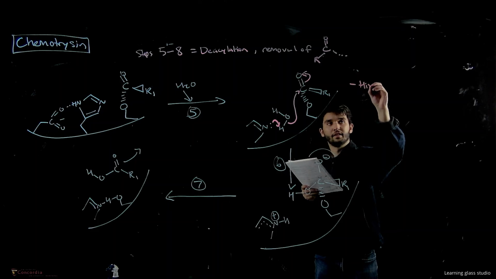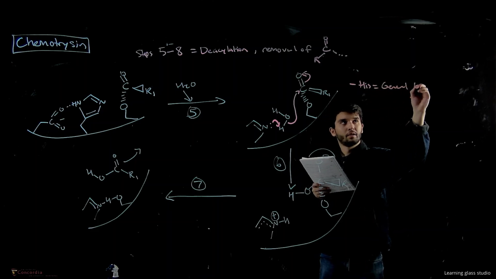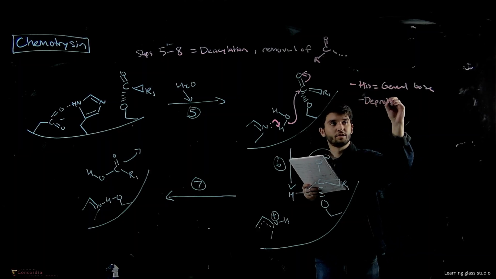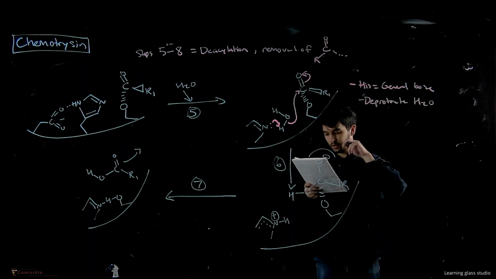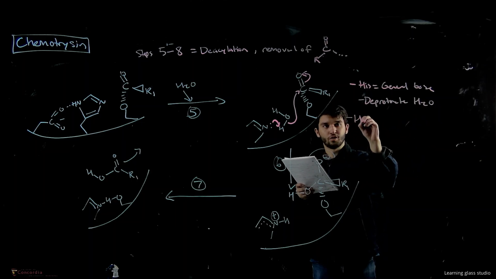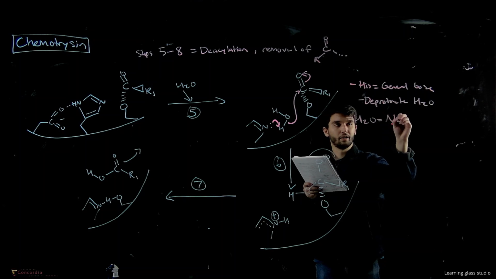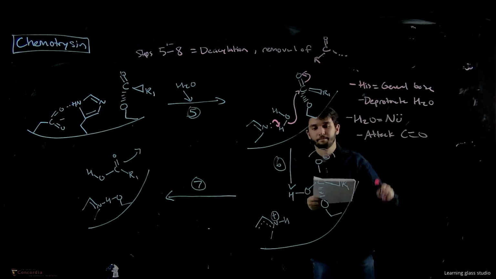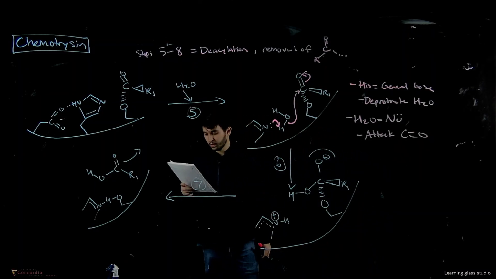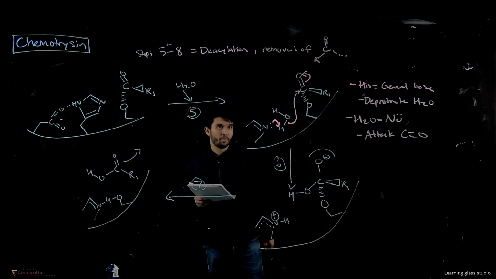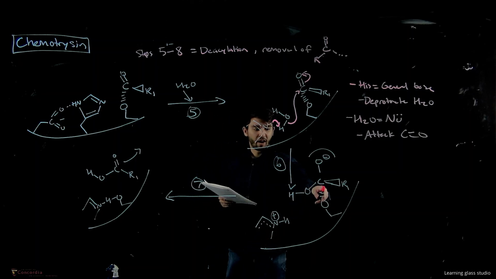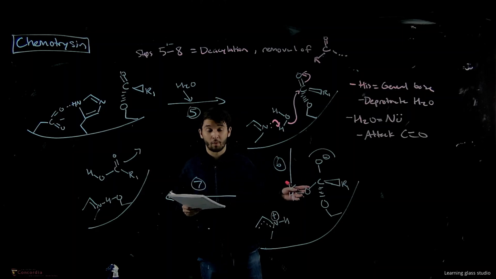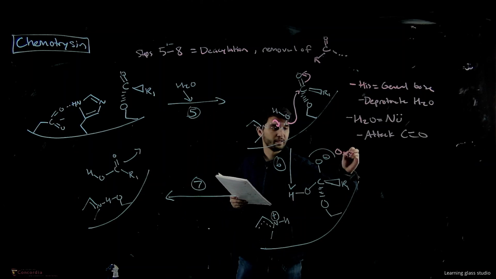So histidine is going to be our general base. It's going to deprotonate H2O, and then H2O here is also our nucleophile, and this will attack the carbonyl. Okay? So, when we've done that, we now have a carbon with 4 different bonds, and the oxygen with the negative charge, that was the carbonyl. This is now back in the oxyanion hole.